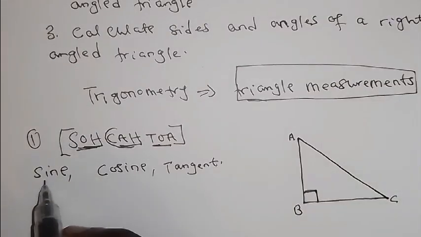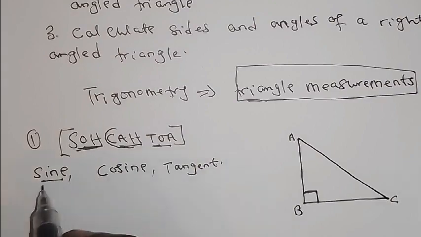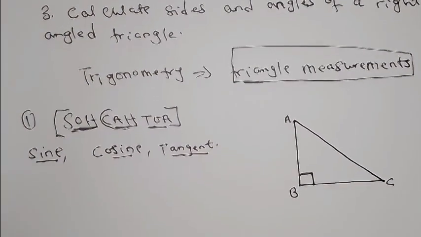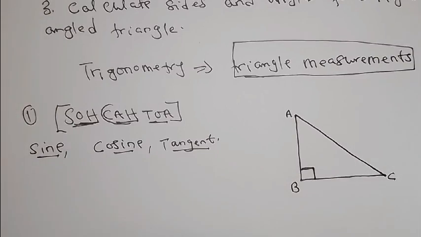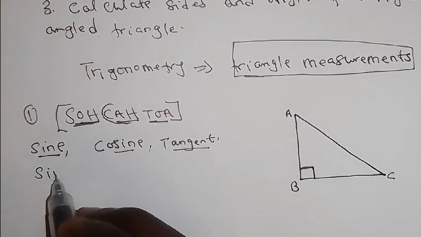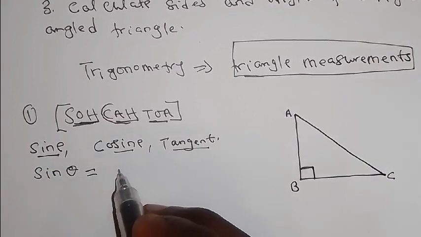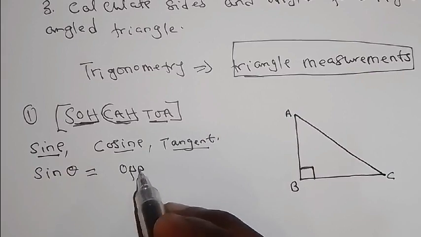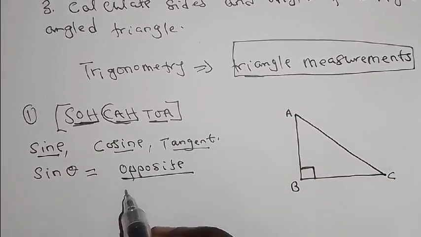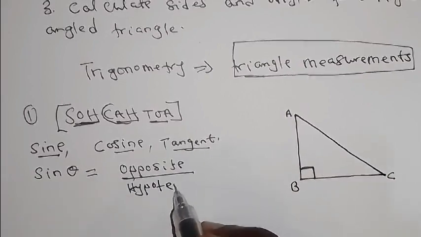Now, in terms of our trigonometric ratios, the sine, the cosine and the tangent, the way you can relate them is that, first of all, sine theta is equal to the opposite of this angle over the hypotenuse.